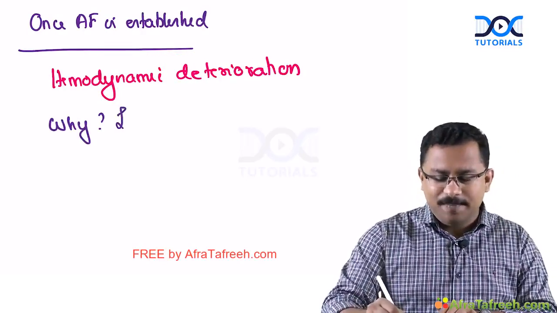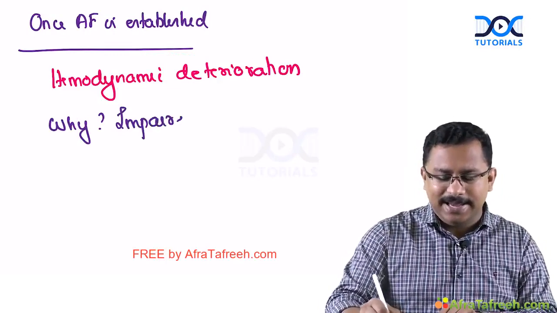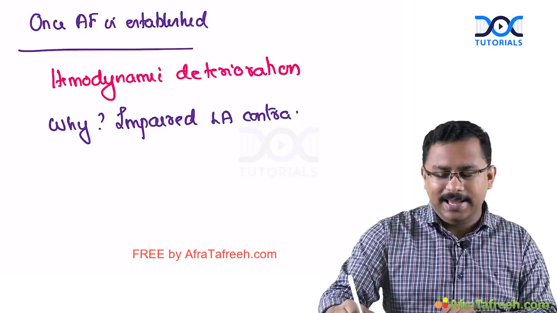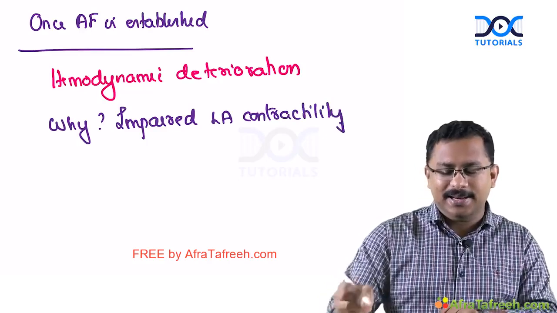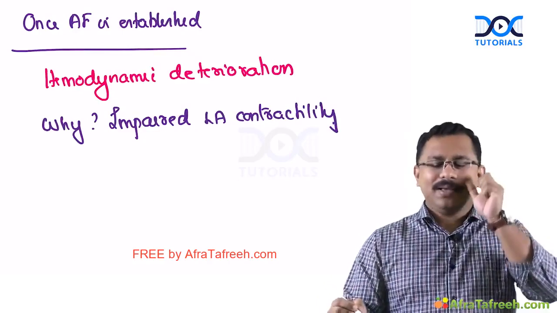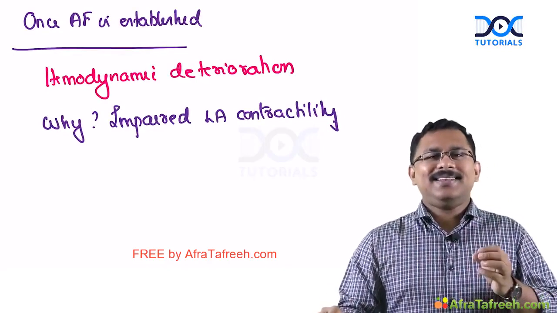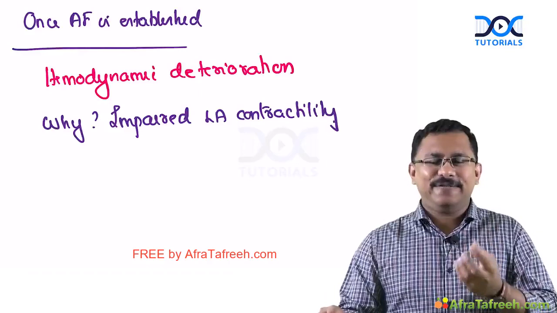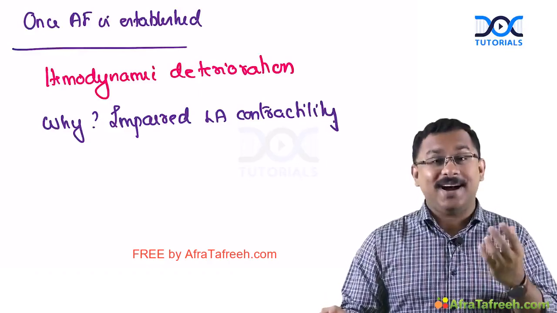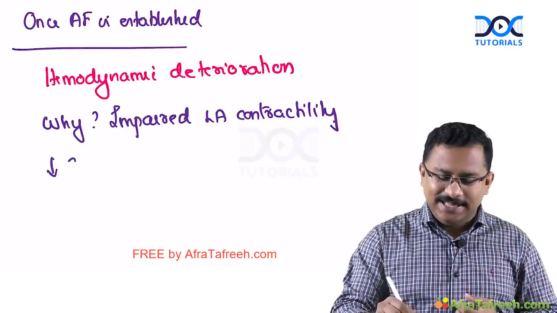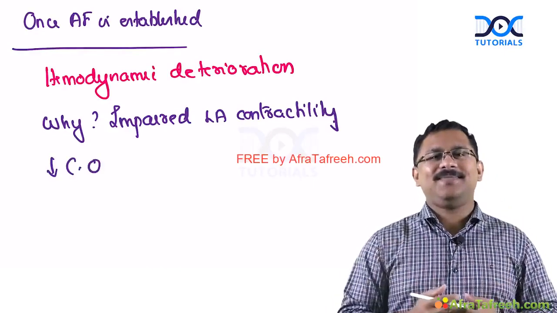Because there is impaired left atrial contractility. Because of the decreased LA contractility, there can be decreased LV filling and a reduced cardiac output. So there is a decrease in the cardiac output as well.